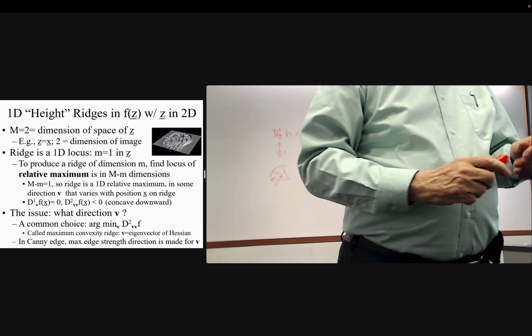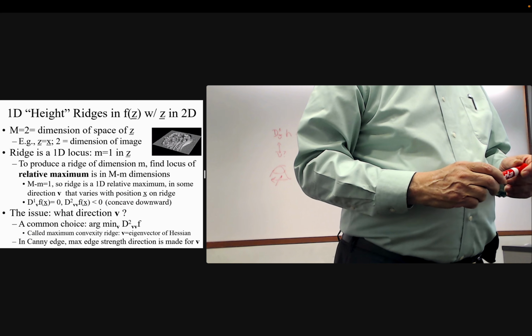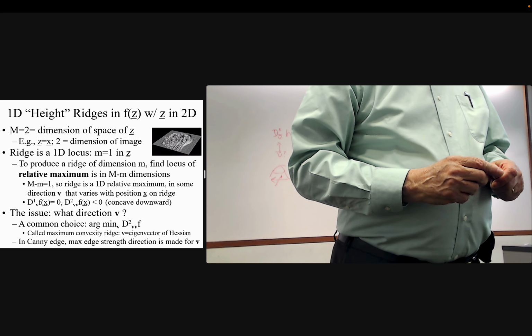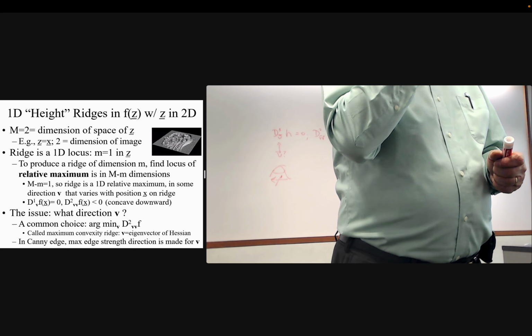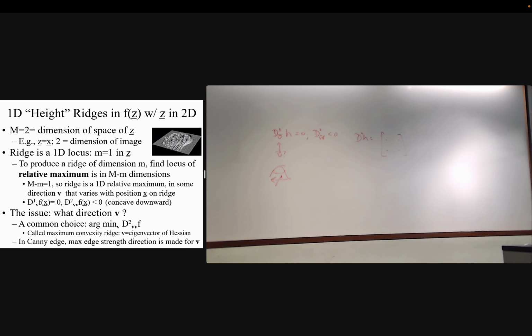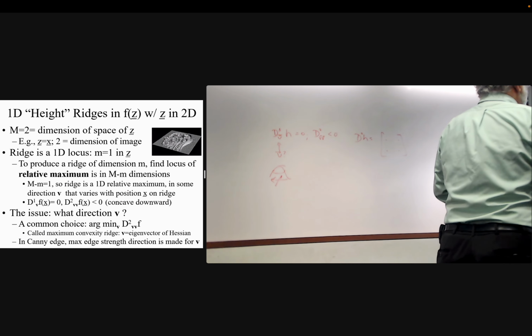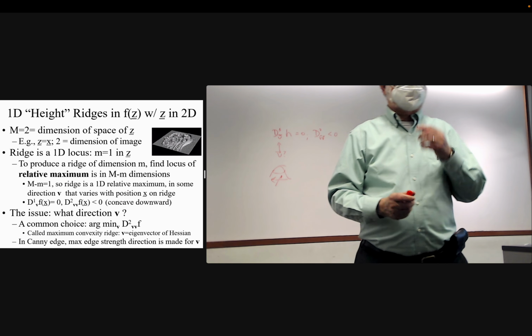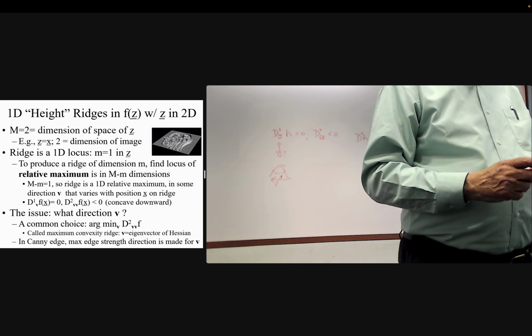If at least one of them is negative, you have the possibility of having a relative max, right? And if they're both negative, the one that's more negative has an associated eigenvector, and that's V. That's the maximum convexity direction, so-called. Okay?